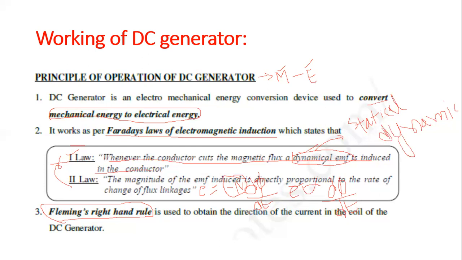First, when the flux lines are constant and the conductor is rotated, that type of induced EMF is called the dynamically induced EMF. Statically induced EMF means that the conductor is stationary and the flux lines are rotated. In a DC generator, the induced EMF is dynamically induced.